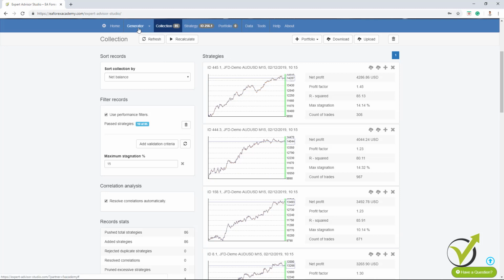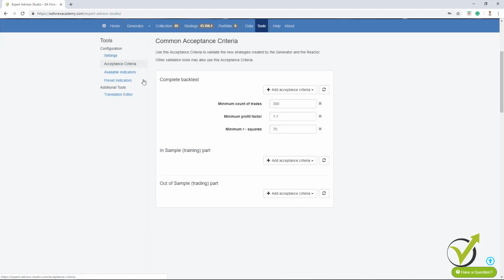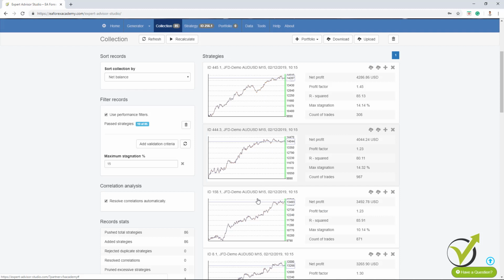For me it was really a huge update they did from the Forex software company, because if I go to the acceptance criteria and show you, they have improved the in-sample and out-of-sample testing with individual acceptance criteria for each of them. And by using these two, I have improved my method, and actually this is a totally different method from what I have already shown you. And after that I will leave it up to you to decide which method you want to use.